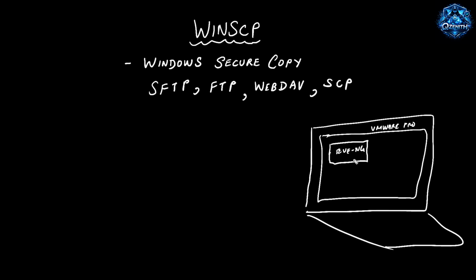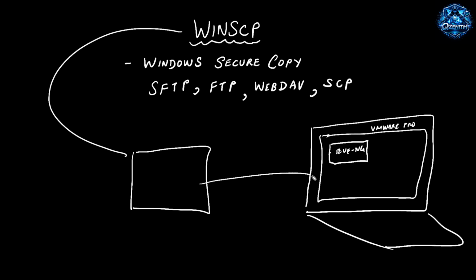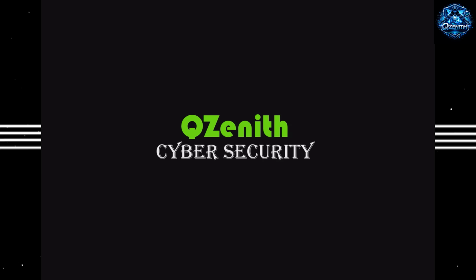In EVE-NG we don't have any kind of operating system, so we're going to install WinSCP on our laptop, and then WinSCP will help you securely transfer those Cisco IOS images of routers and switches from your host machine, from your laptop, to the EVE-NG which is installed in your VMware Workstation Pro. So that's why we're going to install WinSCP on our machine.